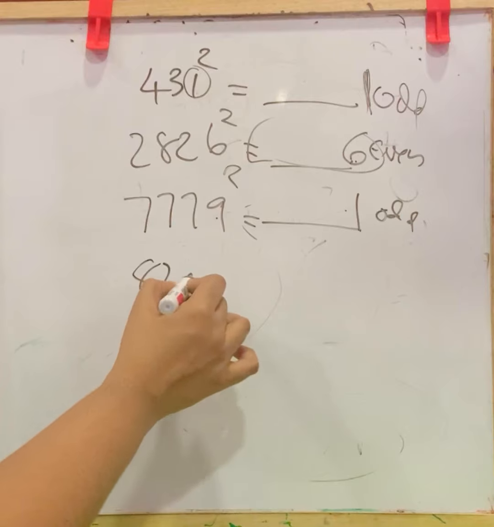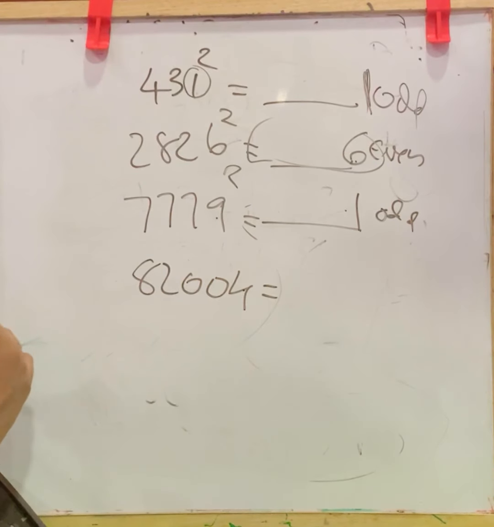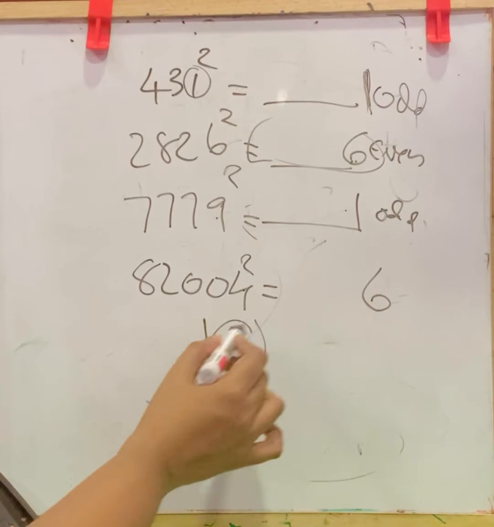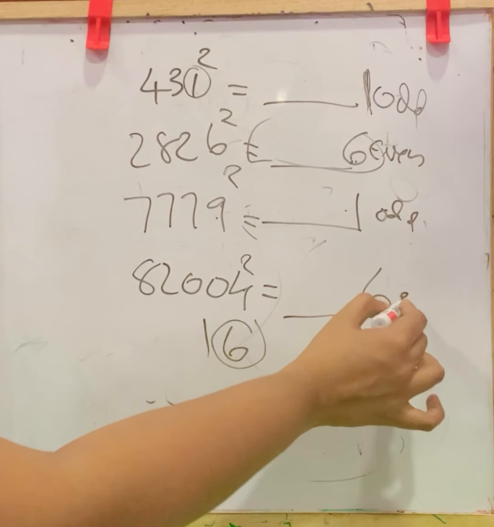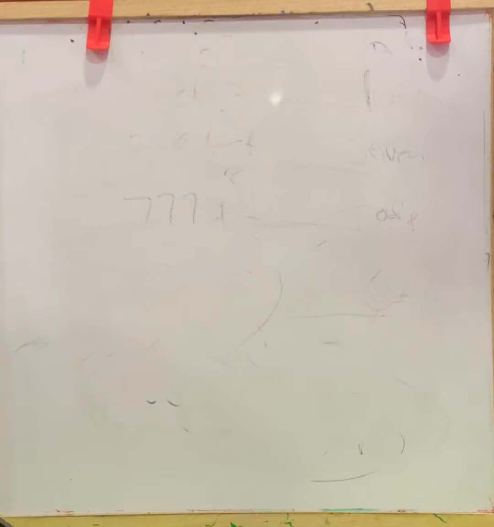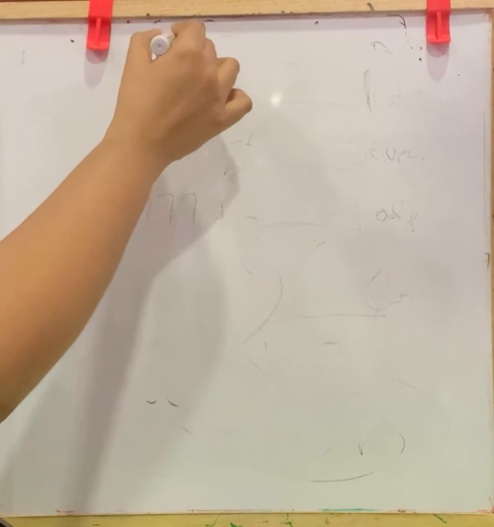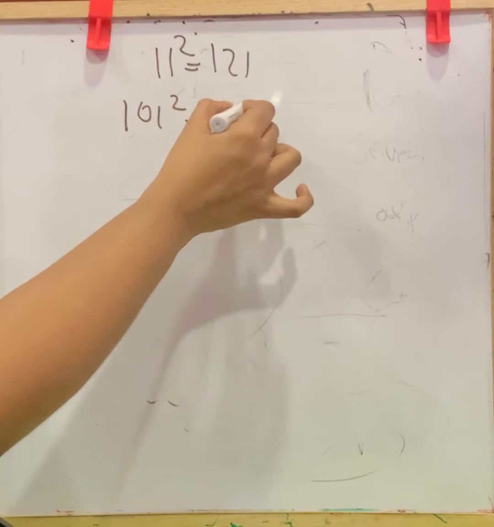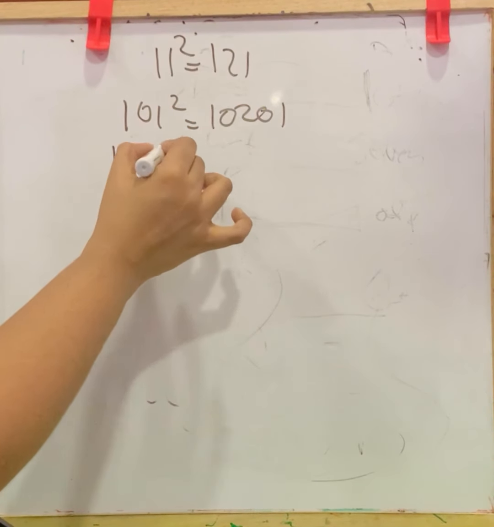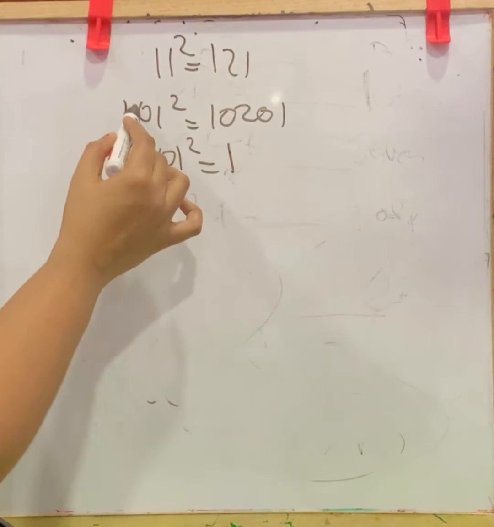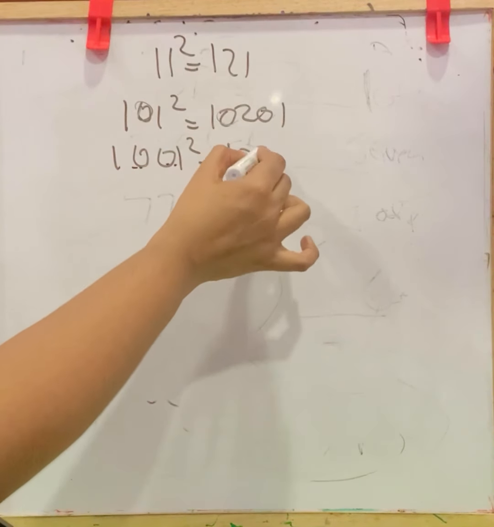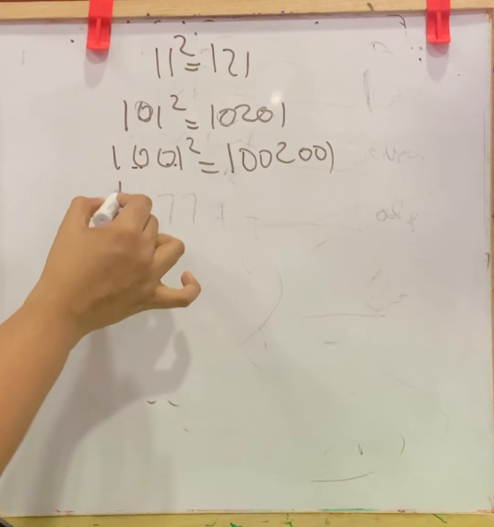Next, 82004. Here 4 is in the units place. 4 4s are 16. 6 is the ending digit. So this is even. Next is a pattern. It is given: 11 square is equal to 121. 101 square is 10201. 1001 square, here between the 1s there are 2 zeros, so the pattern will be like this.